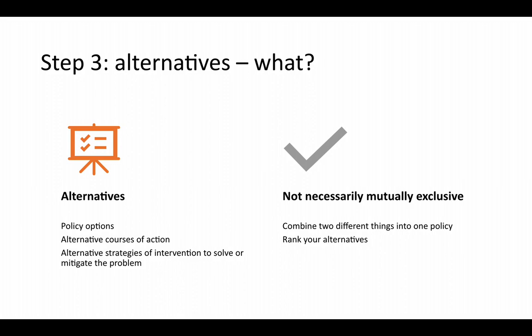But maybe you need to combine all of them, and still that may not be sufficient. So when you're deciding which alternative to go for, taking all the constraints into consideration, you need to rank them. This is the most preferred, so then you choose that one.